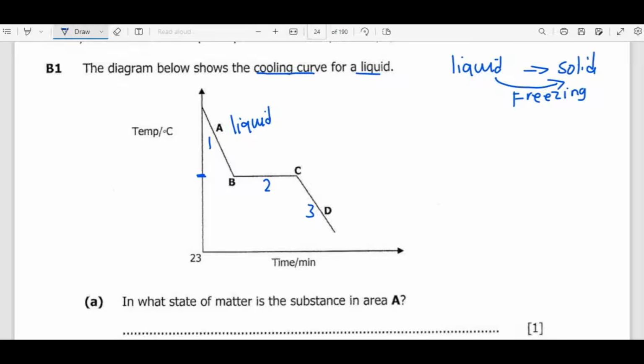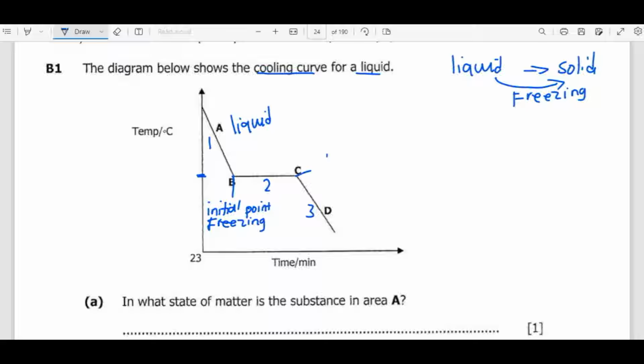We don't have the number, but let's just assume that we have a very low temperature, because for a liquid like water to freeze, the temperature must be very low. Point B shows the initial point of freezing. The initial means where the freezing is starting.